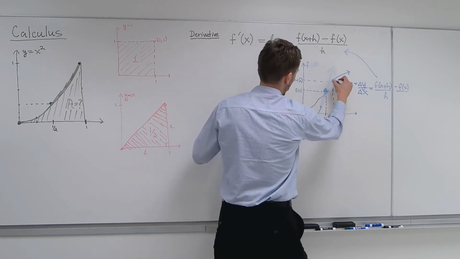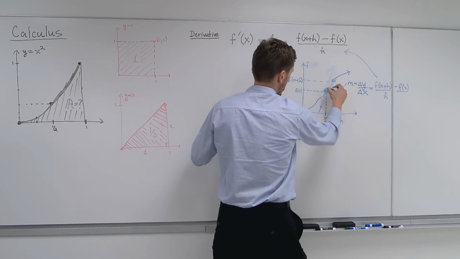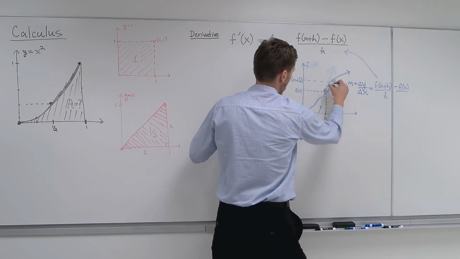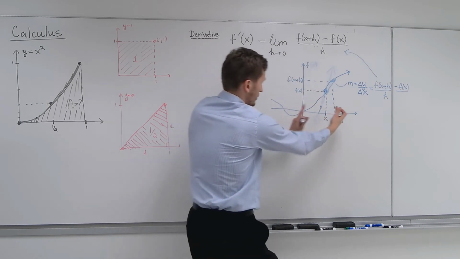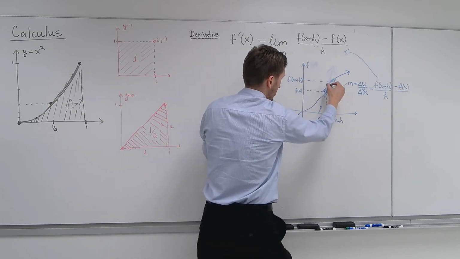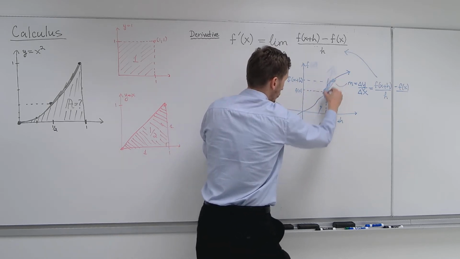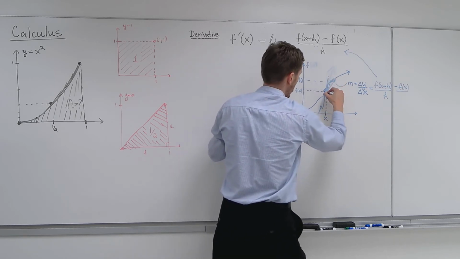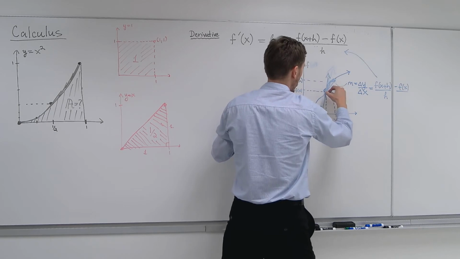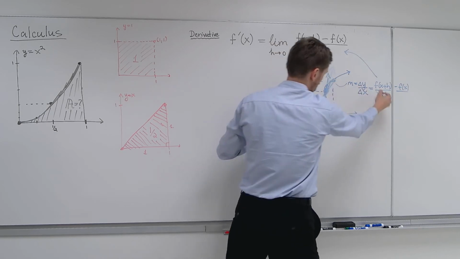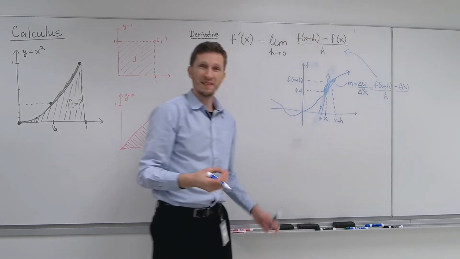Here's a point, and there's my slope of this line. Then I get a little closer, h gets smaller, and it's the slope of this line, and then the slope of this line. Basically that's a tangent to the curve. The slope here is the slope of the tangent line at that point.